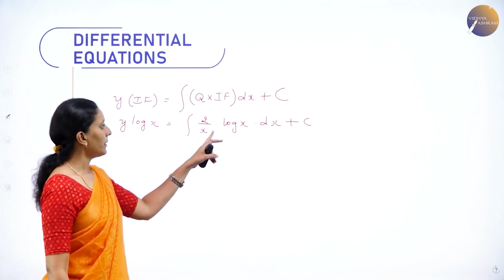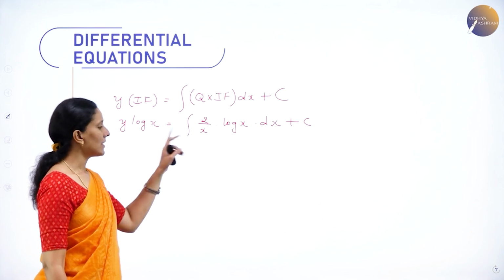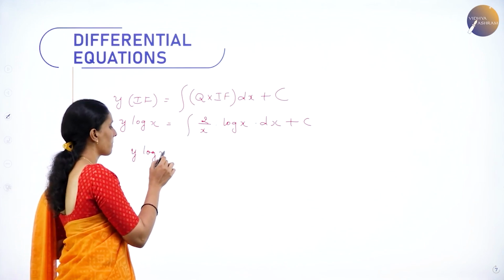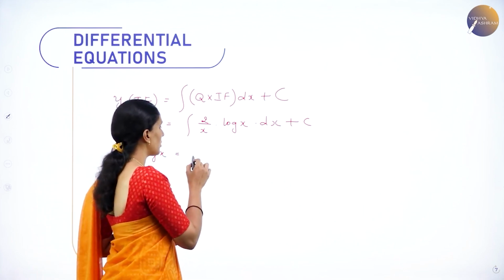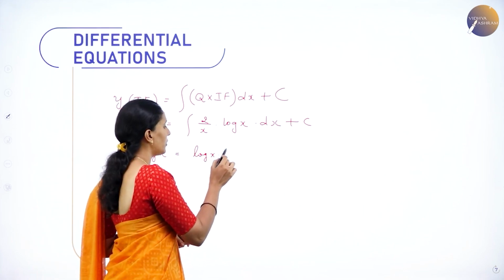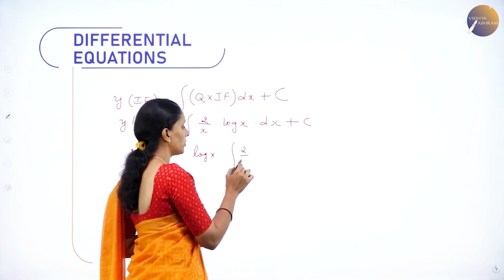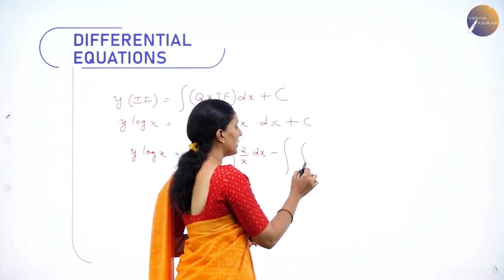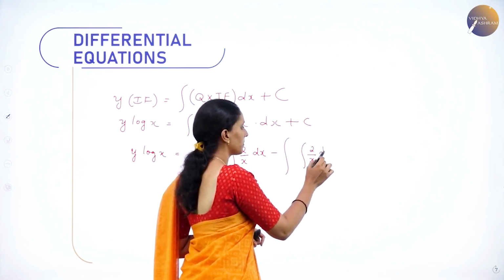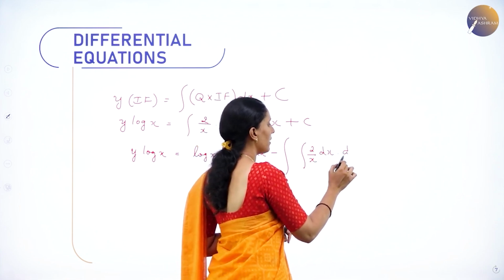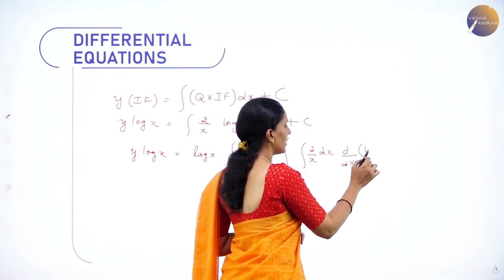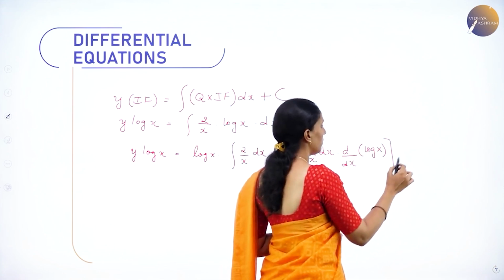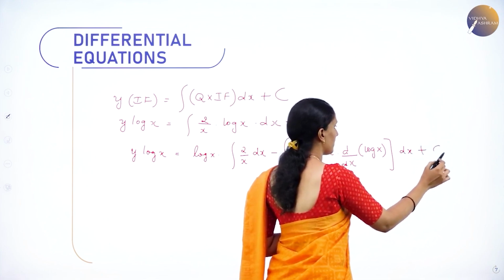So first, let me take the first function as log x and second function as 2 by x. So here it is y log x is equal to first function log x into integral of second function 2 by x dx minus integral of the derivative of the first function, that is log x, into the integral of the second function, again with respect to dx plus c.